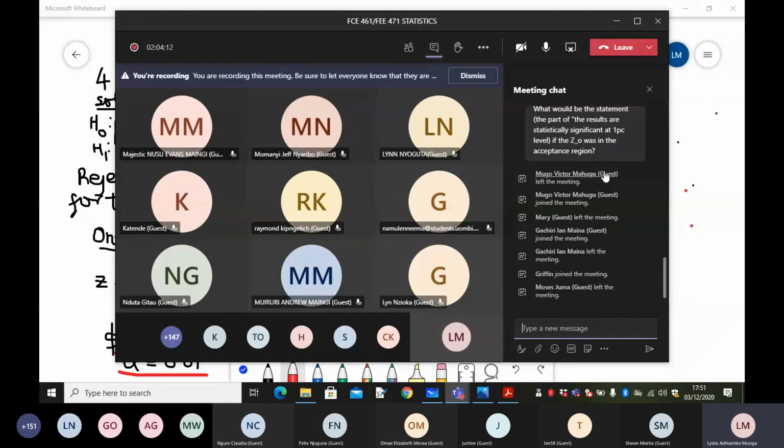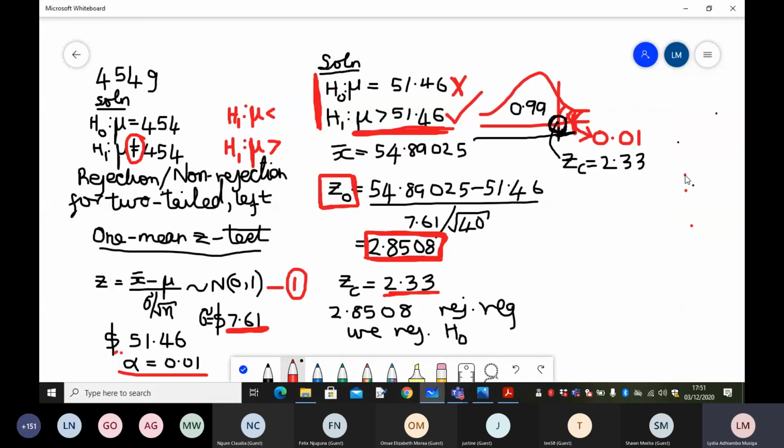Now, let me answer what he's asking: what would the statement be if Z observed was in the non-rejection region? Suppose Z observed was equal to 2. Obviously, 2 is in the non-rejection region.